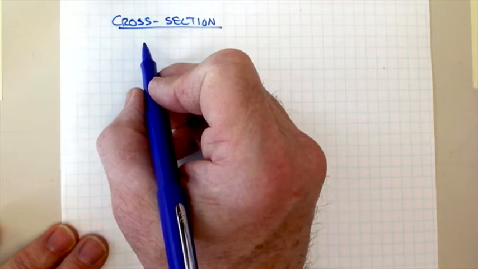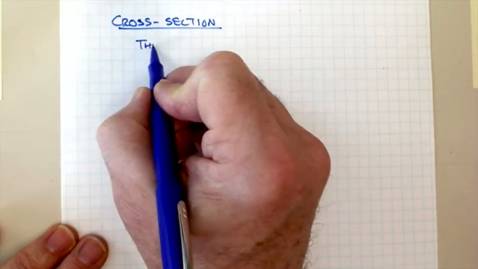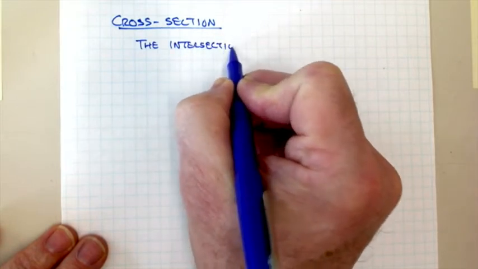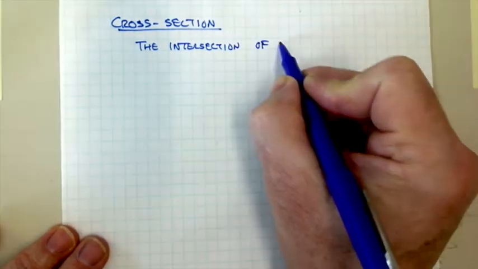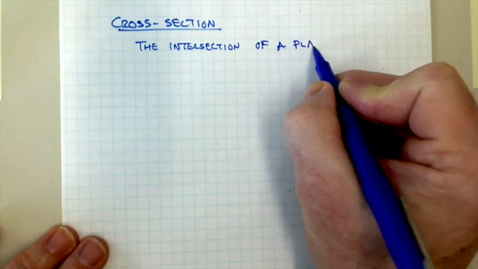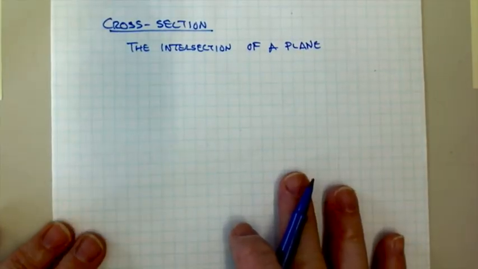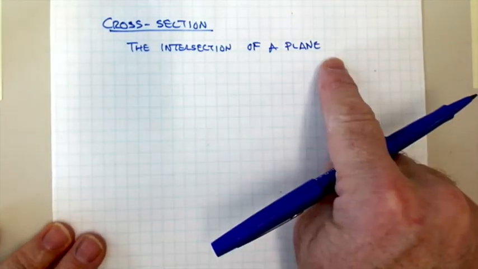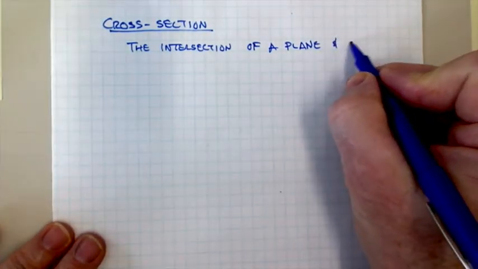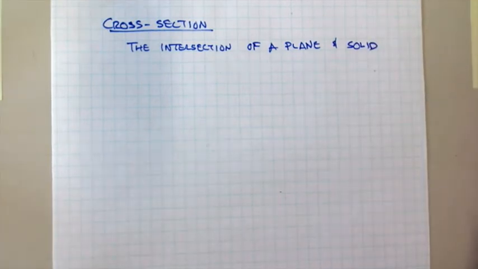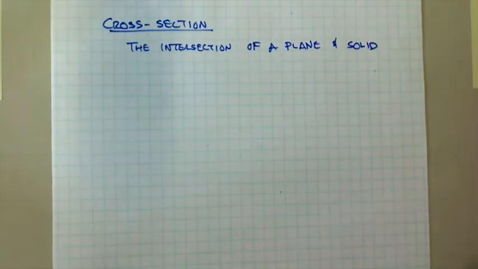The result is the intersection. And remember, a plane is just a flat surface, just like this piece of paper is a plane. The intersection of a plane and a solid will always result in a cross-section. Okay?